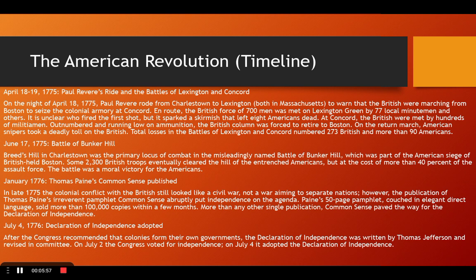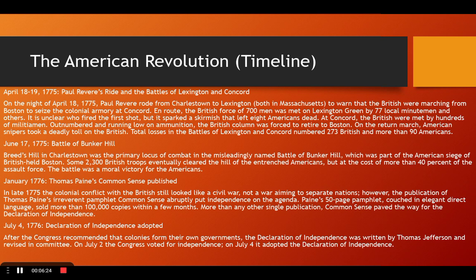April 18 and 19, 1775. Paul Revere's ride and the Battle of Lexington and Concord. On the night of April 18, 1775, Paul Revere rode from Charlestown to Lexington, both in Massachusetts, to warn that the British were marching from Boston to seize the colonial armory at Concord.